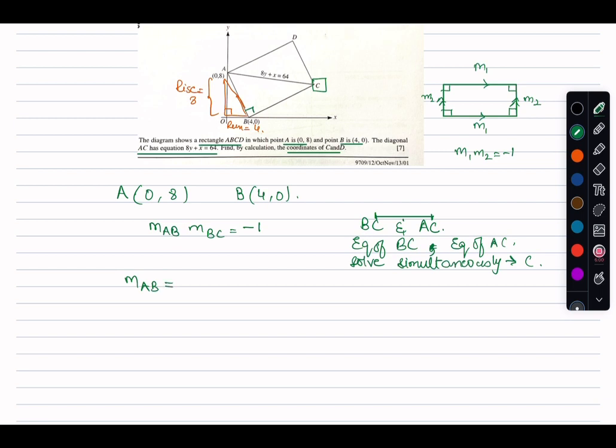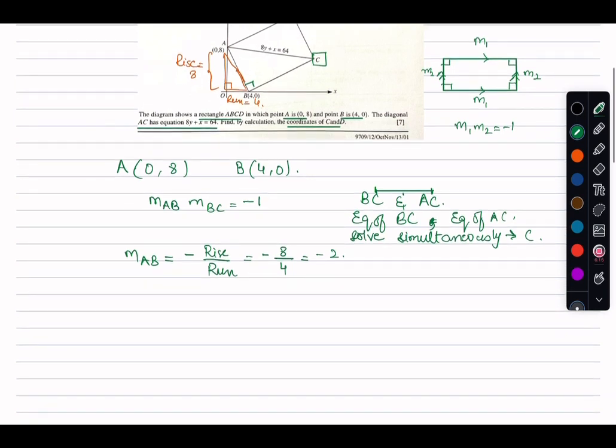It's the line which is sloping down, therefore I'll write it with the negative sign. It's rise over run. So this gradient is going to be negative 8 divided by 4, which equals negative 2.